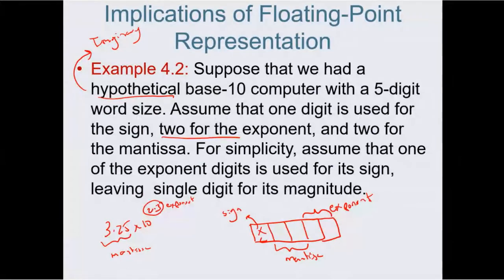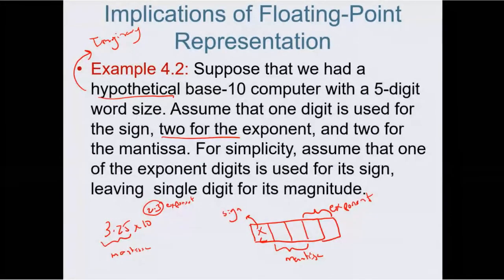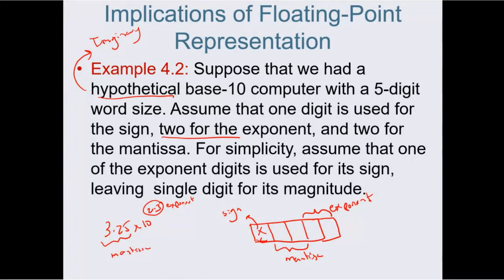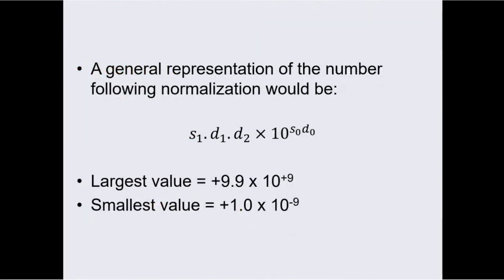That's what we mean by mantissa and exponents. So we have one digit used for the sign, two for the mantissa, two for the exponent. Of those two in the exponent, because the exponent could be plus or minus, one again is used for the sign of the exponent, and we have one digit remaining for the exponent number. So that's how we divide the digits into its different components.